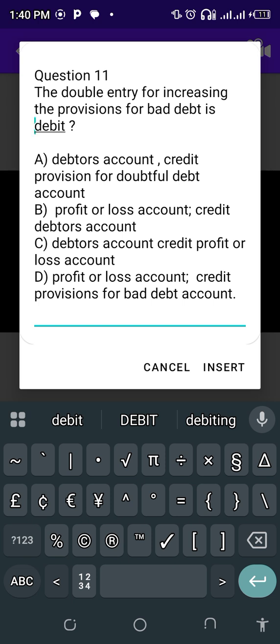So the correct entry is to debit the profit and loss account by the increase and credit the provision for bad debt account also by the increase. So the correct option here is option D, which is debit profit or loss account, credit provision for bad debt account.